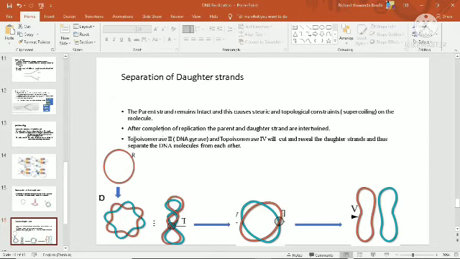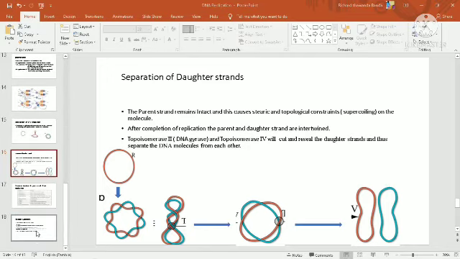In this instance, you have topoisomerase 2, which is also known as DNA gyrase, and topoisomerase 4. These will work together. Where there's this intertwining, they'll cut one strand and reconnect it after untangling it, and they'll continue doing that until you finally have two separate DNA molecules.